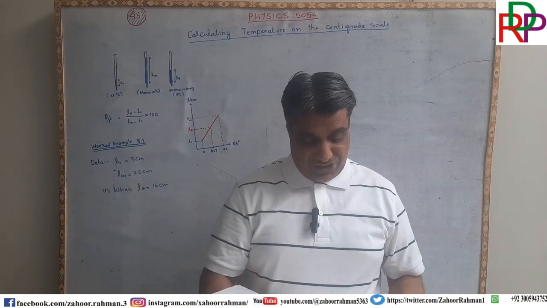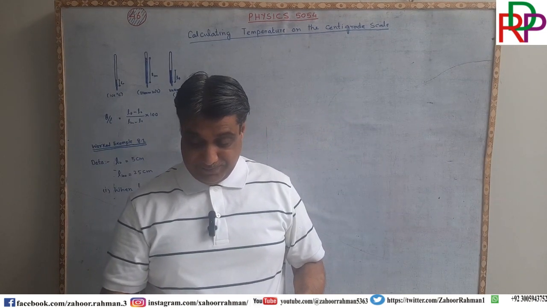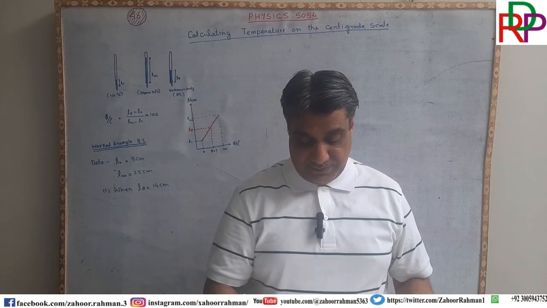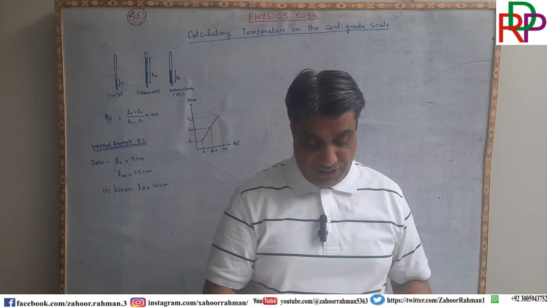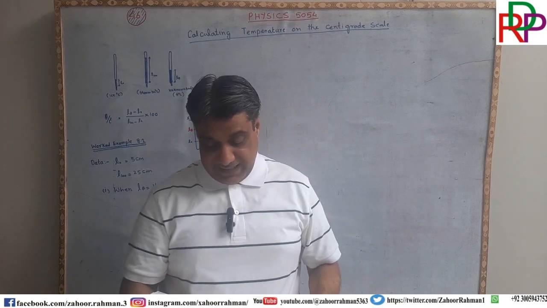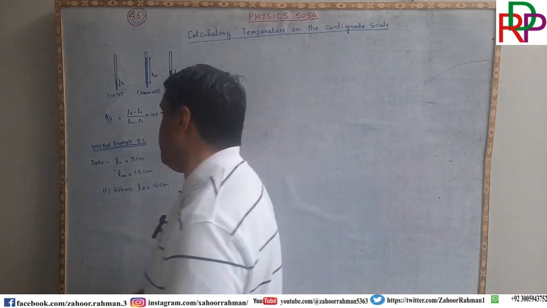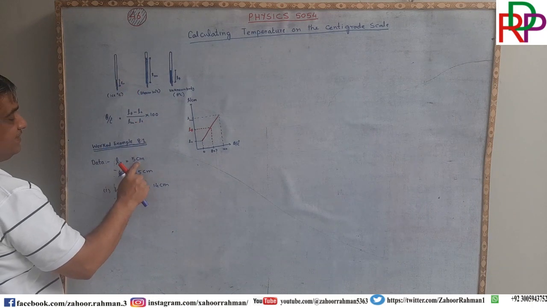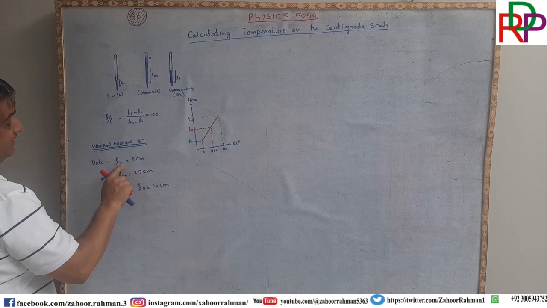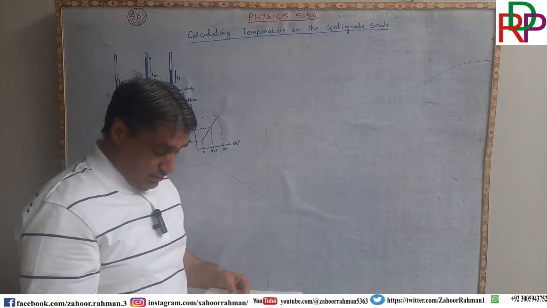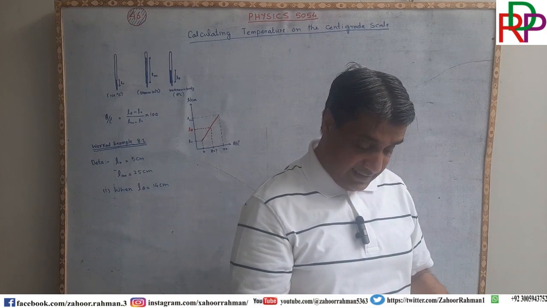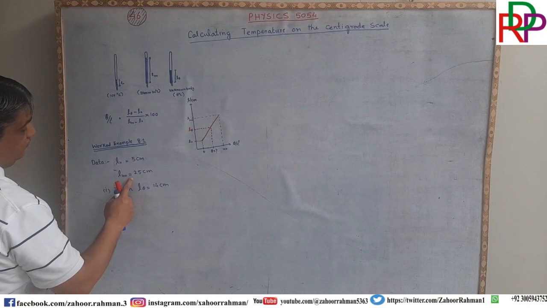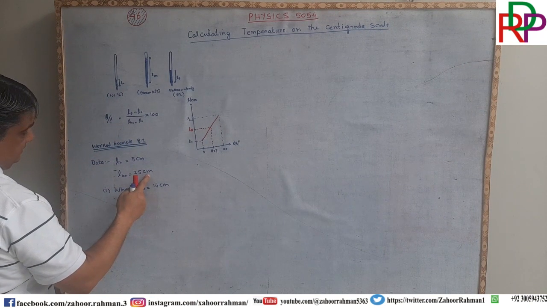So in this case, there is no graduation, and they are saying that in an unmarked mercury thermometer, it was found experimentally that the length L naught was 5 centimeter. This is the given data. L naught is equal to 5 centimeter and the length L100 was 25 centimeter.